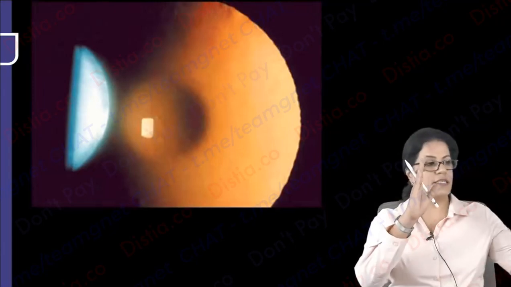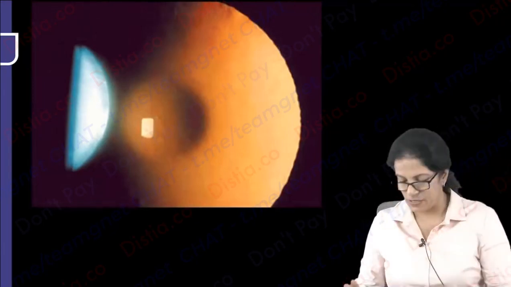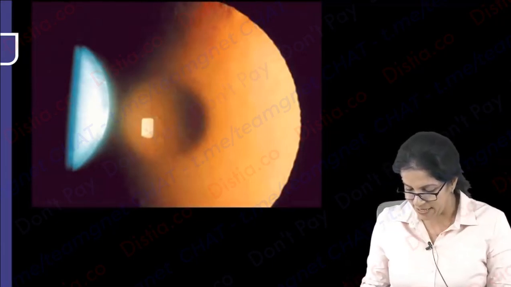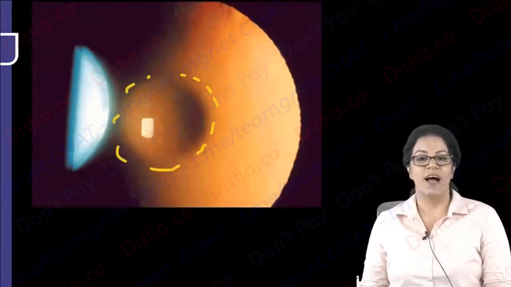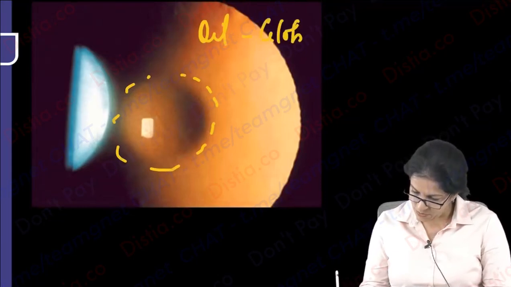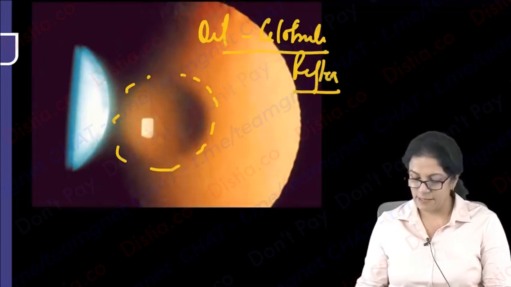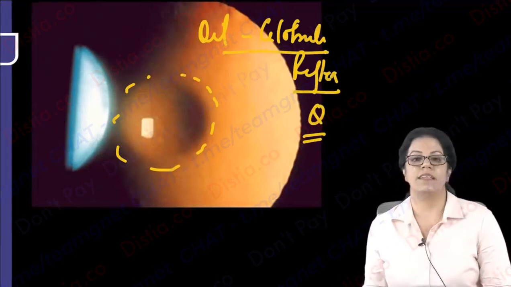So when the eyepiece and source of illumination are in a straight line, then this is retroillumination. And can you see and appreciate this round circle? This is what is called oil globule reflex. Okay? So this is your oil globule reflex. So oil globule reflex is a feature of, it's a Q, we will answer, anterior lenticonus.